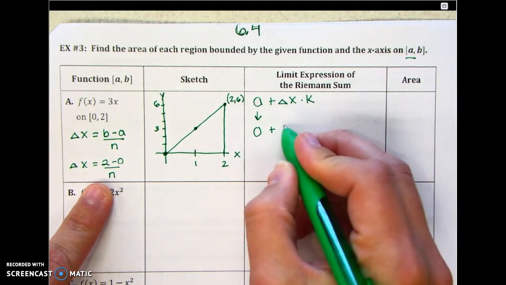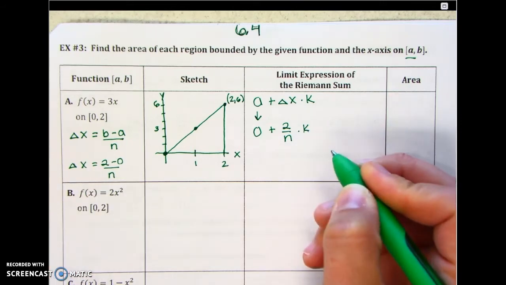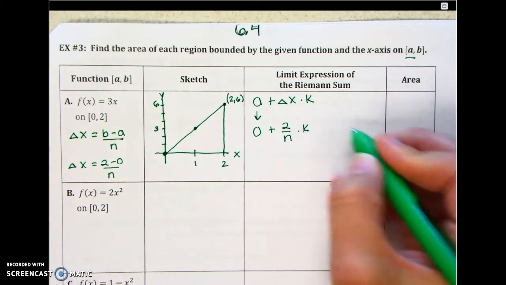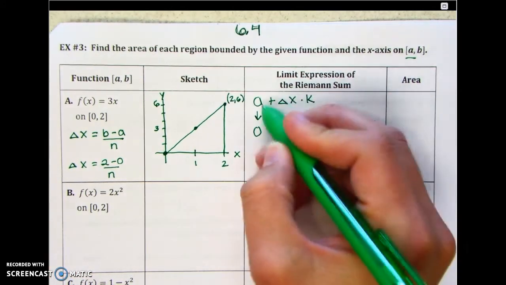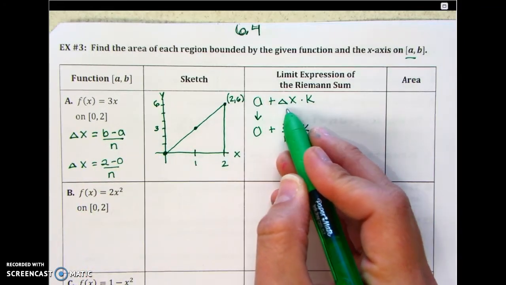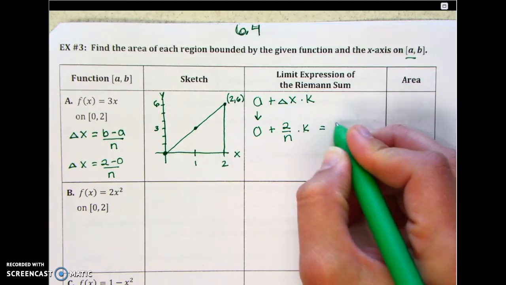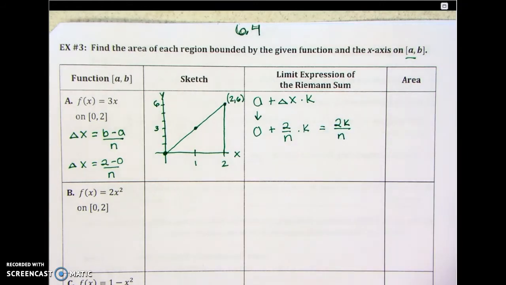It's going to be 2 over n. And k, what's k? K is k. So this is your first formula, change of x, second formula, a plus delta x times k. Let's simplify this. How does this simplify? It simplifies nicely to 2k over n.